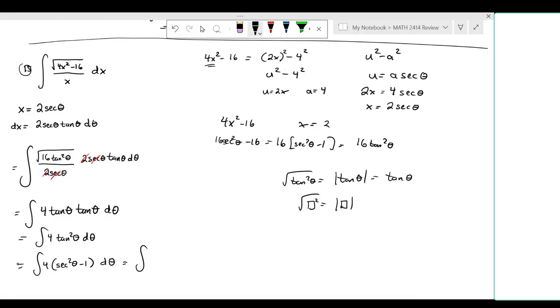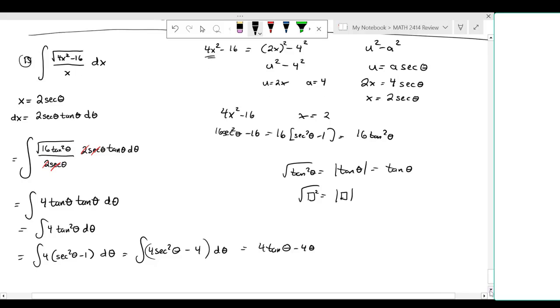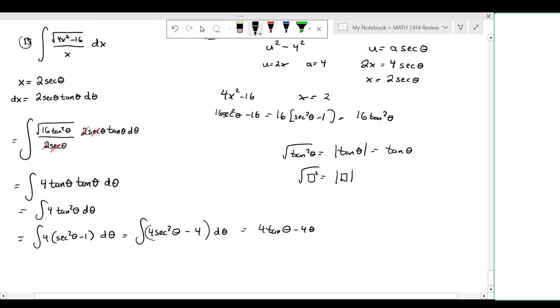And then doing two separate integrals because we know the antiderivative of secant squared is tangent. All right, and that's an example of an indefinite integral.